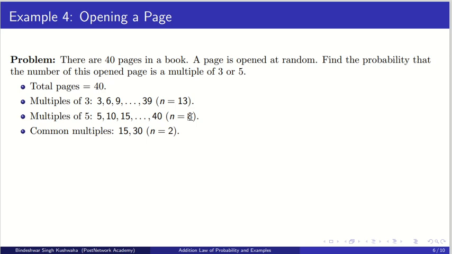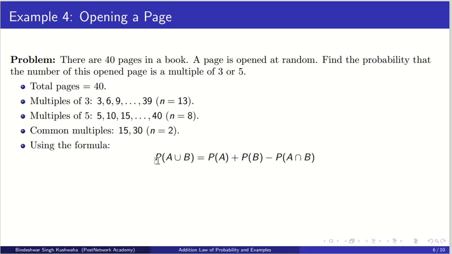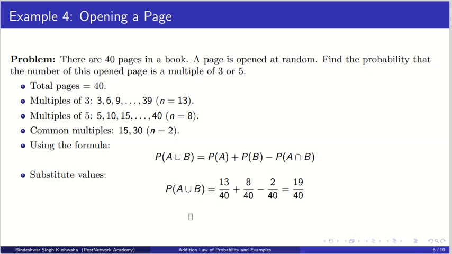Common multiples are 15 and 30, so there are 2. Using the addition law of probability, P(A) is 13/40, P(B) is 8/40 and common is 2/40. So we will get 19/40.